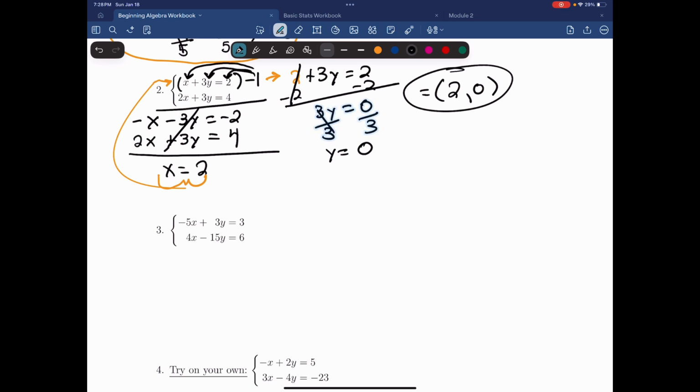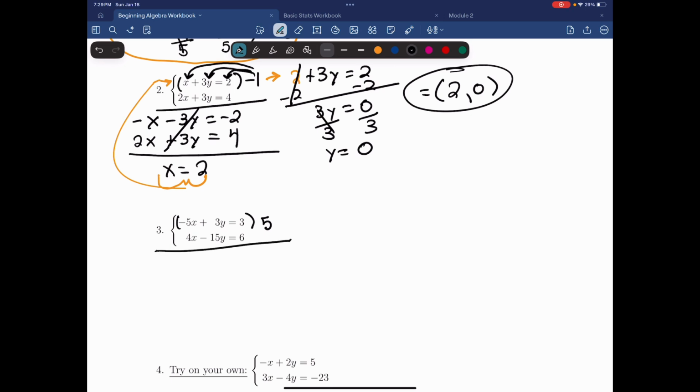But let's cancel out, actually, never mind. Canceling out our y terms in this case will be the easiest, because if I were to multiply this top equation by 5, you'd get 15y, and 15y minus 15y cancels. So that's what I would do. So let's do that. We're going to multiply this top equation by 5.